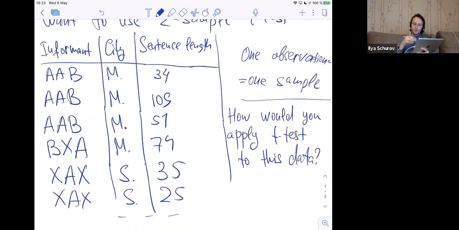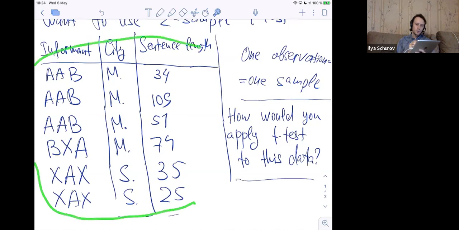If we have two sample t-test, then we just prepare two sets of numbers, and we feed these two samples into t-test, and then it gives us some answer like we have significant difference between these two samples, or we don't have significant difference. So how would you apply t-test to this data? Which numbers will you feed to your t-test?